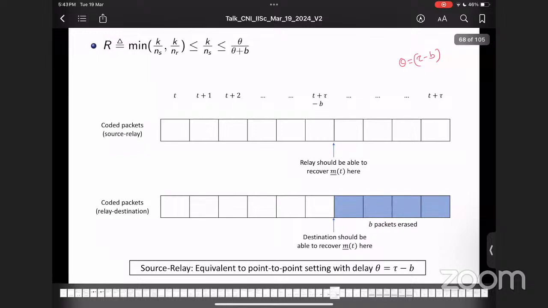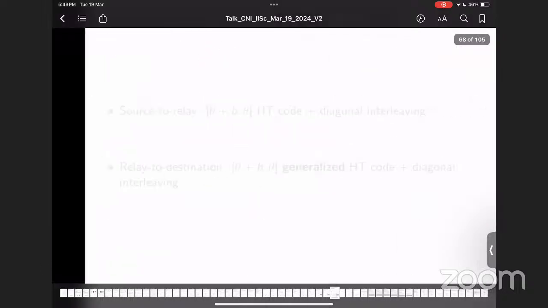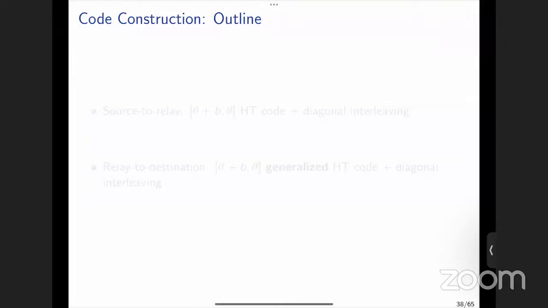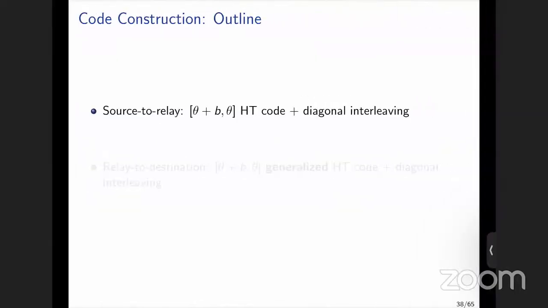Now our goal is to construct codes which meet this rate upper bound. Recall that for the 3-node setting, we need to talk about two encodings, because the source will be producing coded packets and the relay also will be producing coded packets. From our discussion of the rate upper bound, we saw that the source to relay link is equivalent to a point-to-point setting with effective delay theta.